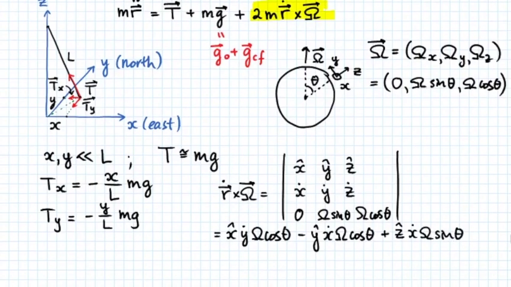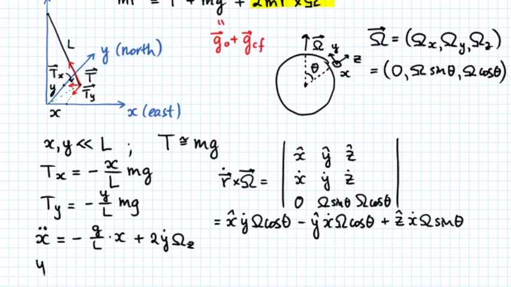Thus we have everything to find the equations of motion for the two components x and y, which will be given by x double dot equals minus g over L times x plus the component due to the Coriolis force, 2 y dot omega cosine theta, which by the way we note is simply the component z of omega, so we're just going to write omega sub z.